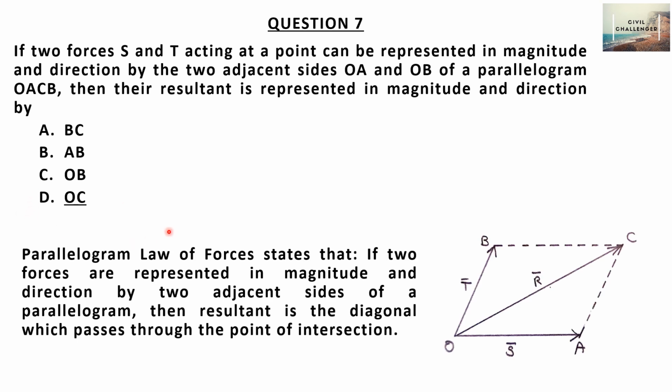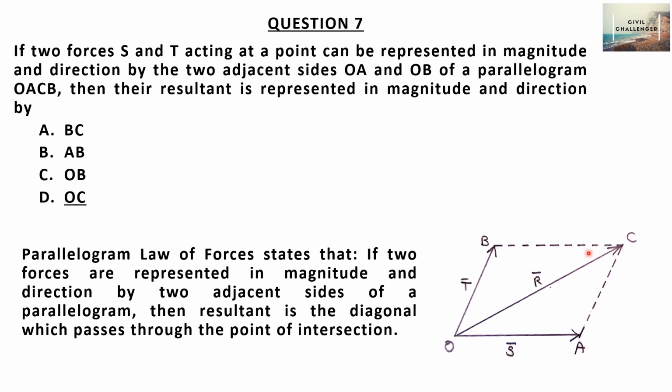In order to answer that, we need to draw the parallelogram. It's given in the question that two forces S and T acting at a point can be represented in magnitude and direction by the two adjacent sides OA and OB. So you need to draw OA and OB.